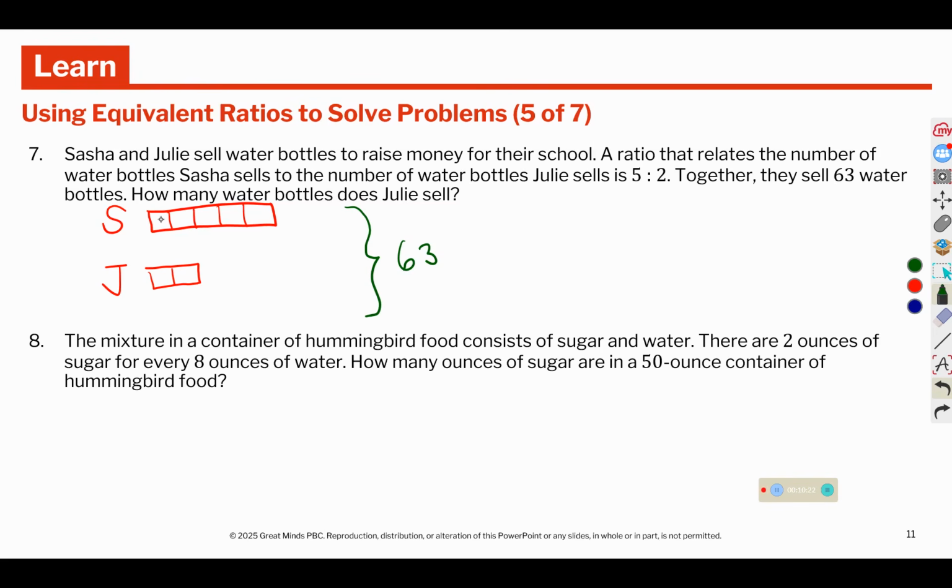Well, there's 1, 2, 3, 4, 5, 6, 7 groups to split it into. 63 split into 7 parts is 9.